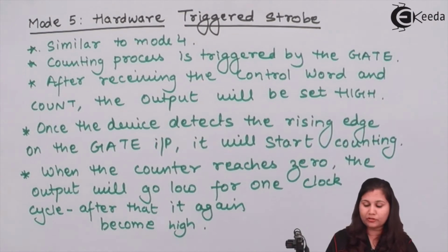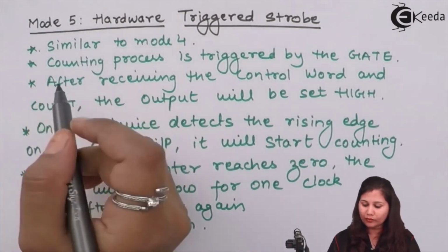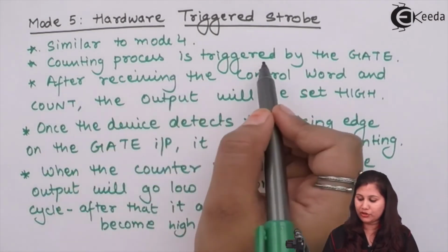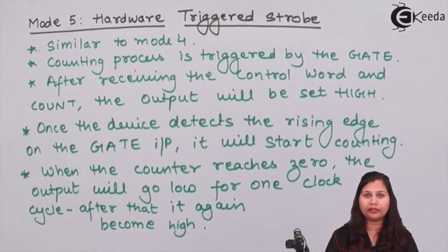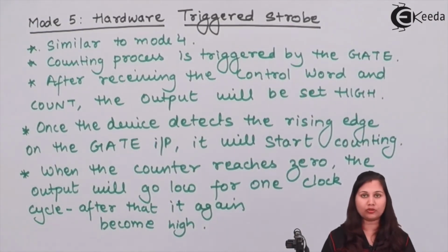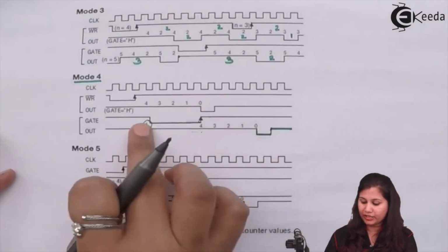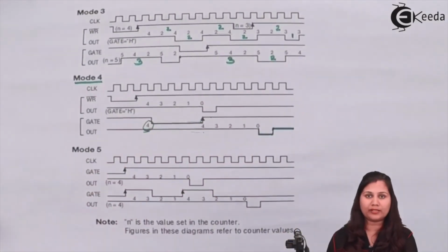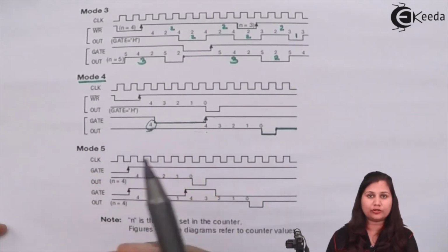So the operation of mode 5 is based on this: the counting process is triggered by the gate signal. Now in mode 4, the triggering was through the gate going low for one clock pulse, and the triggering is just done through software instructions, like writing the control word in the control register.